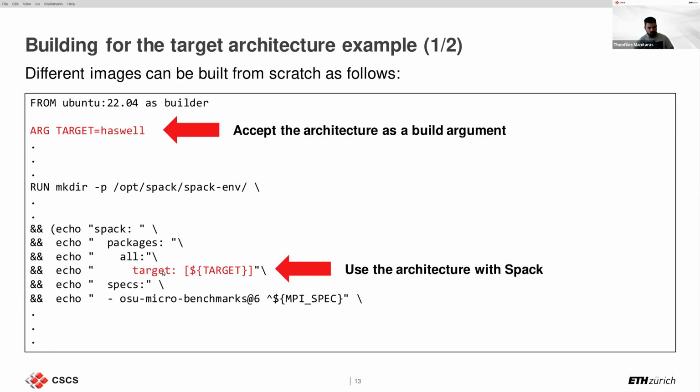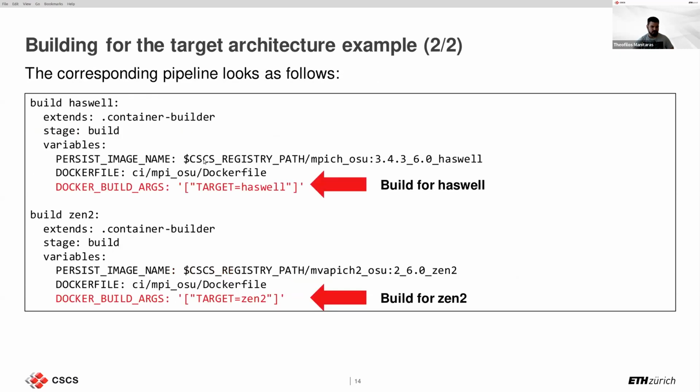So I can build on a Haswell machine, but I can target another architecture. I accept it as an argument and I pass it to Spack. And therefore, for using the same image, I can pass target Haswell here. I can build one specific image with a specific tag for Haswell and one for Zen2, and I don't care where this image build procedure is going to take place.